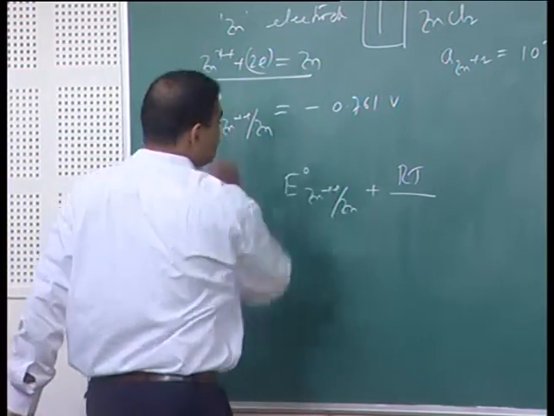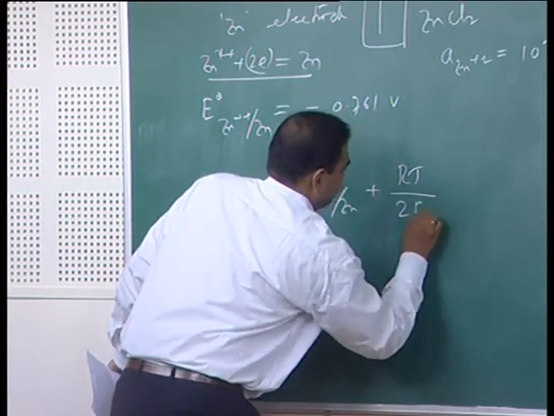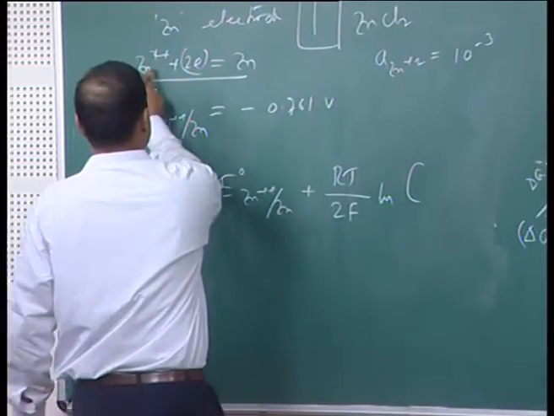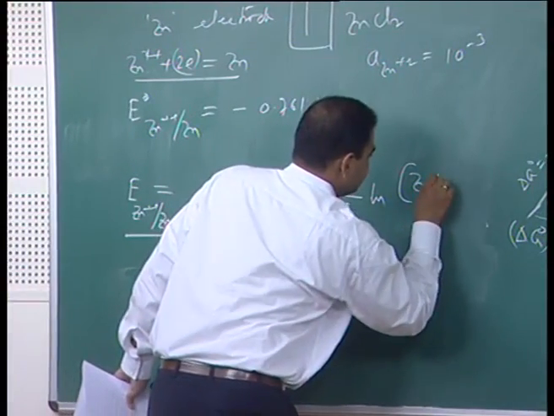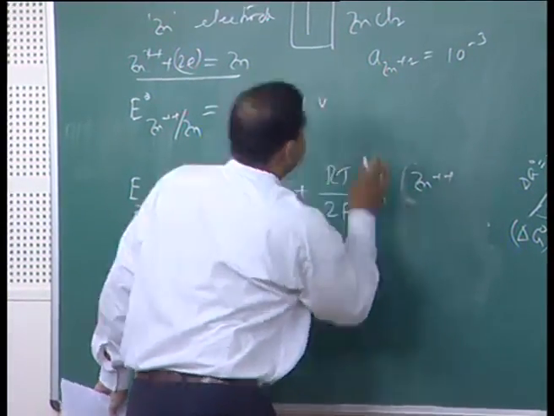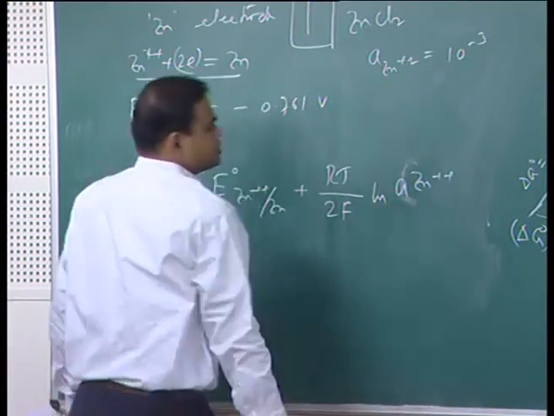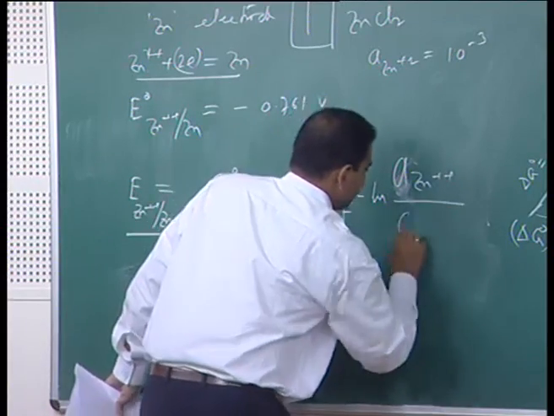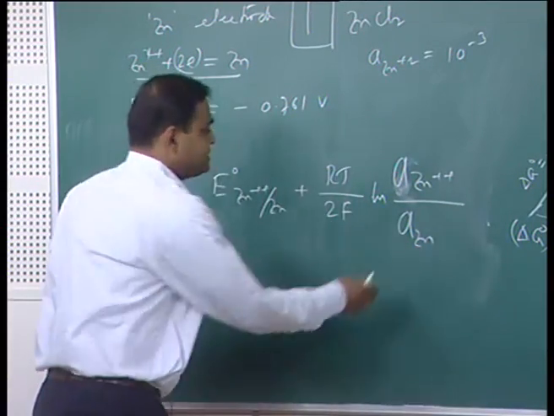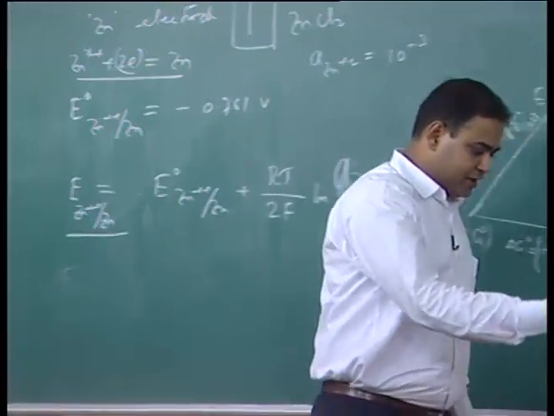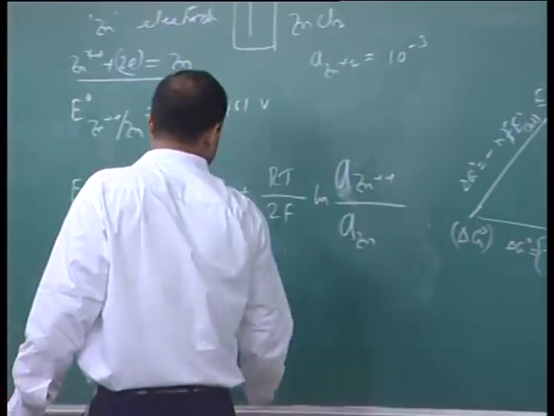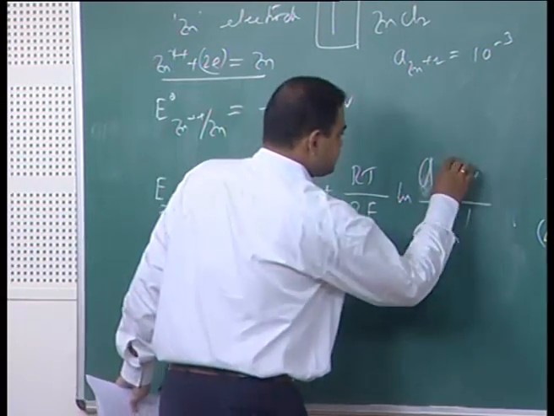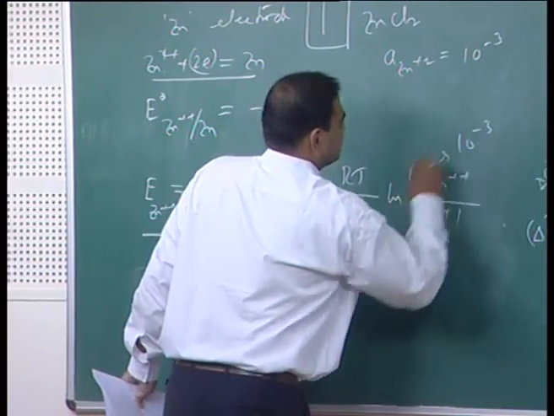So now we have 2F into ln of ox, that is Zn plus plus. Here we have the data in the form of activity, so activity of Zn plus plus and activity of Zn. Now Zn is in pure metallic form, so this would be 1, and this value is 10 to the power minus 3.